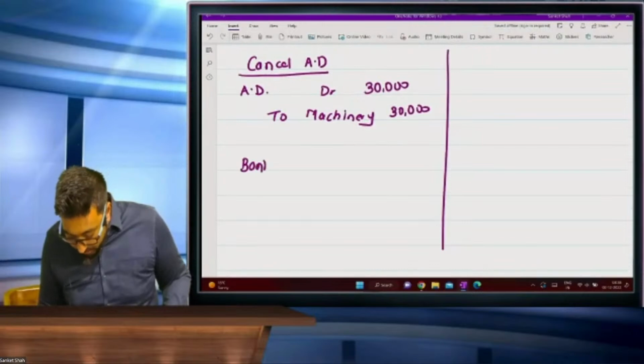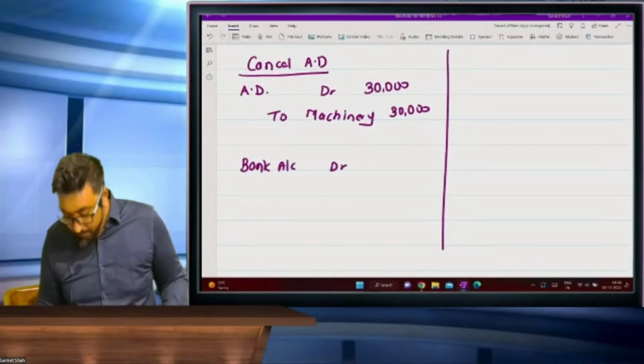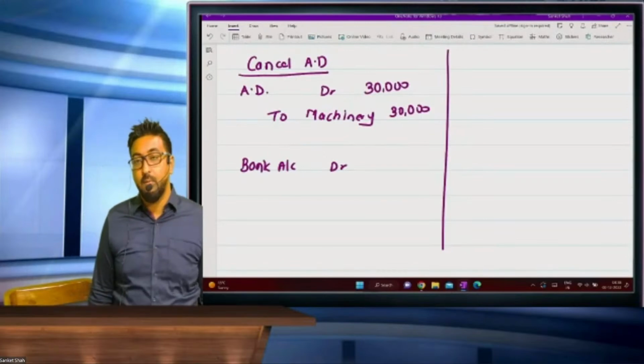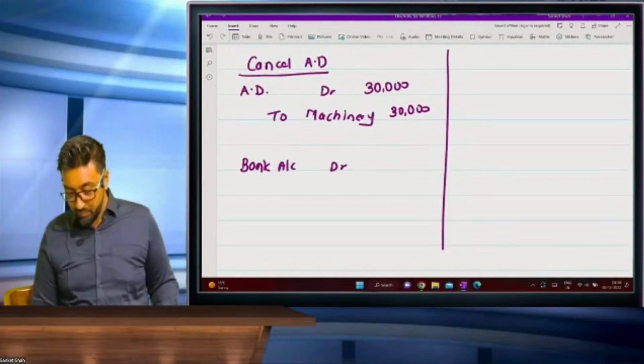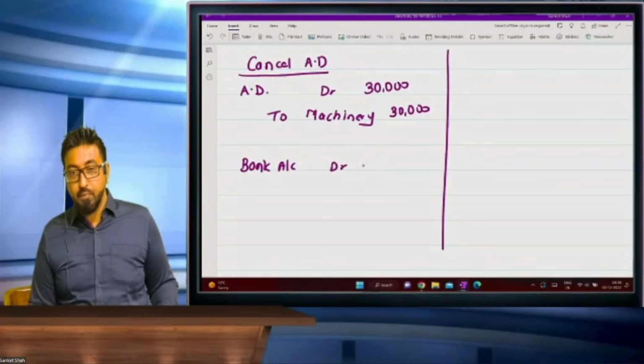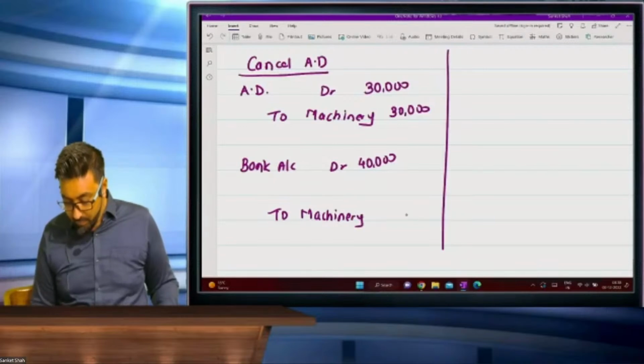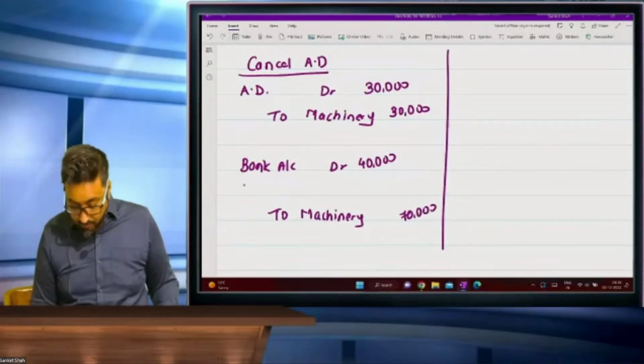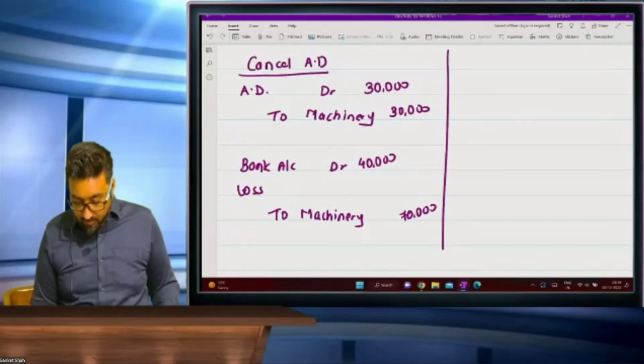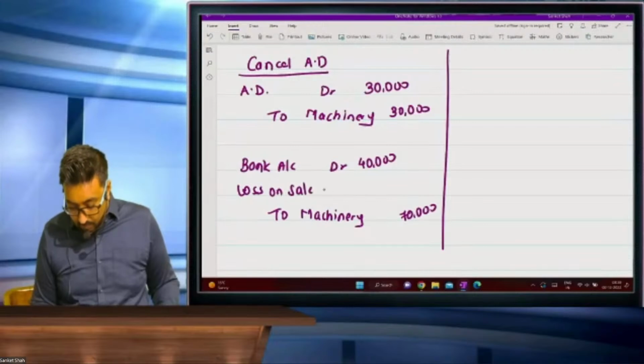Bank account debit 40,000 to machinery 70,000 and loss on sale 30,000.